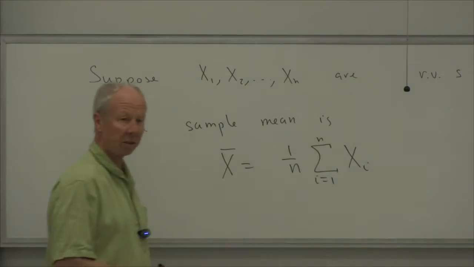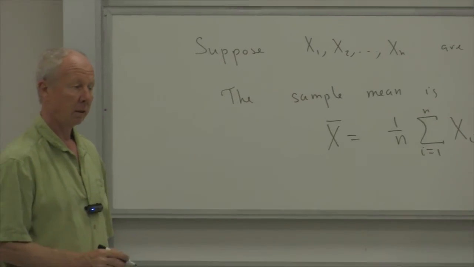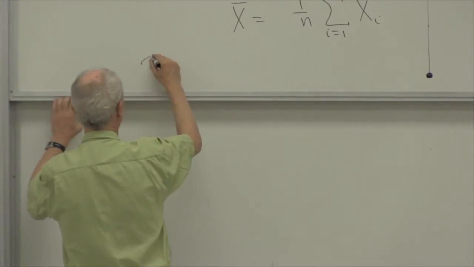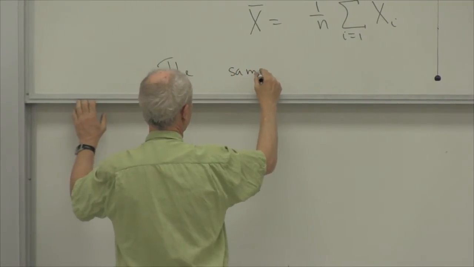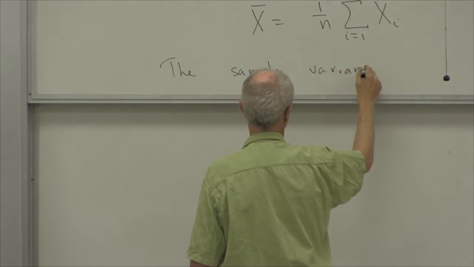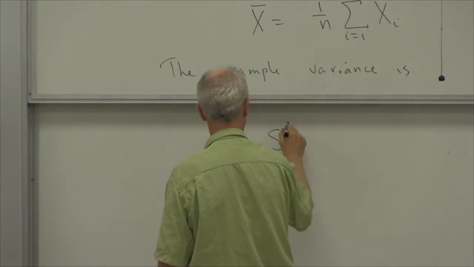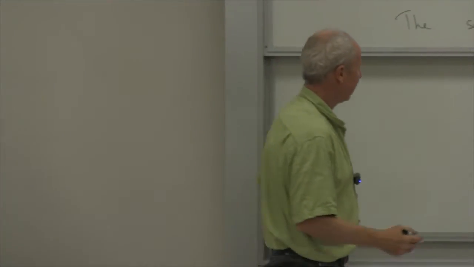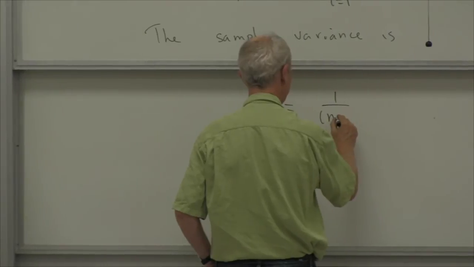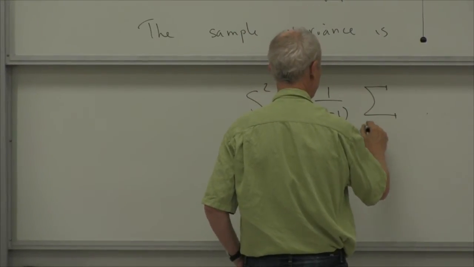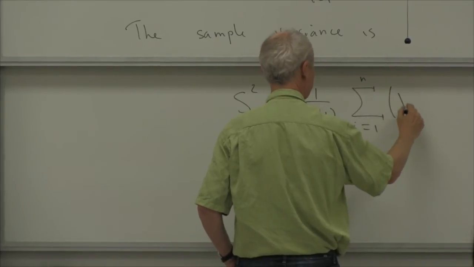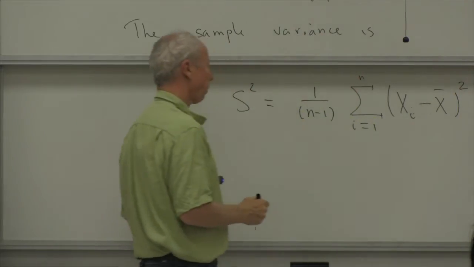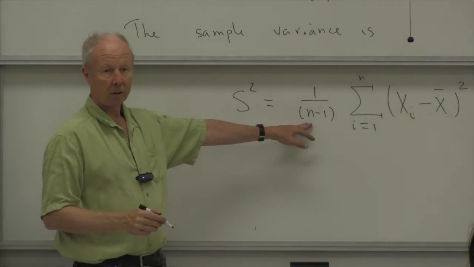The sample mean is just this, their average. And the sample variance, I always forget. Yeah, right. Want to make sure it's 1 over n minus 1 here. N minus 1 goes here.